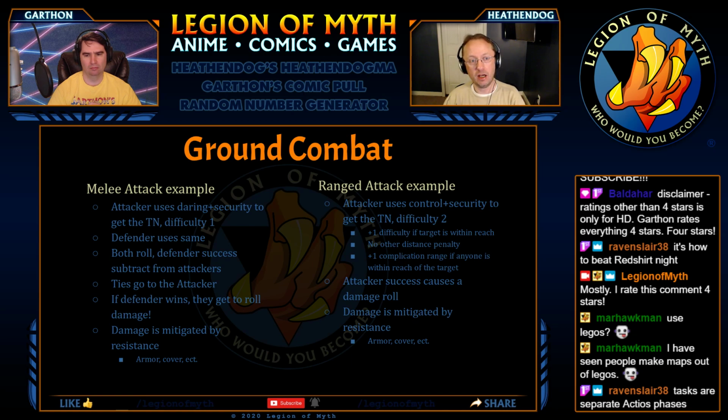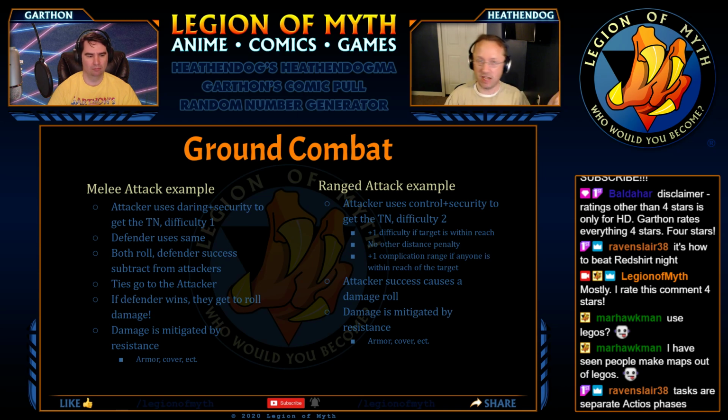All right? But because it's melee combat, the other guy has a say in this. He also, me as the Gorn, also rolled daring plus security. And my successes go up against the attacker's successes. You take the attacker's successes and subtract mine. If there's negative successes, you don't hit.